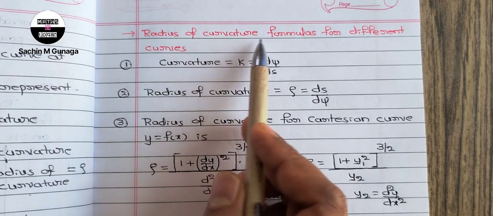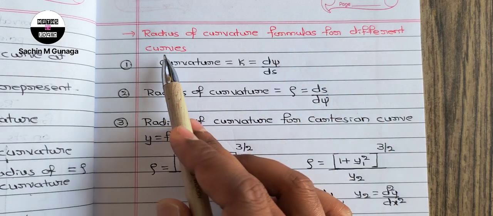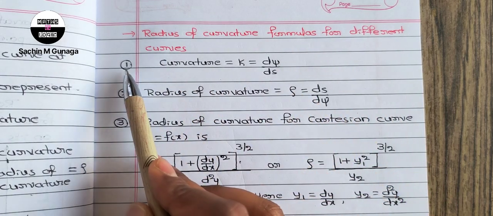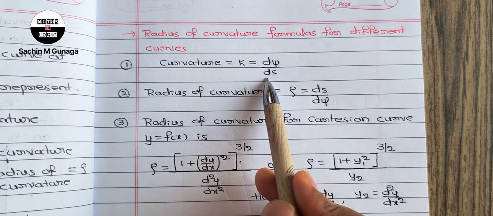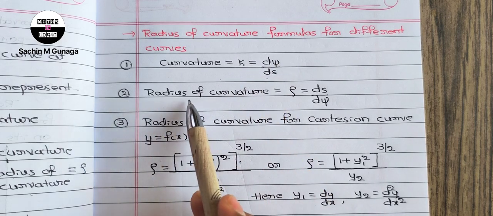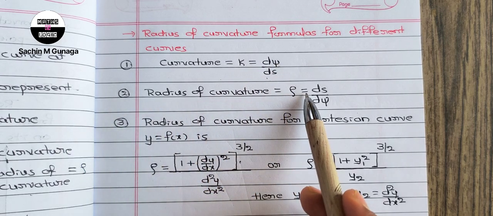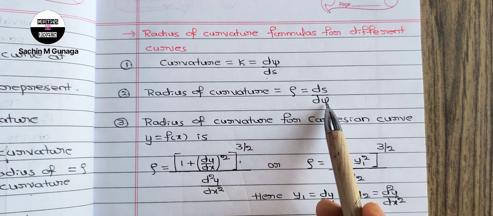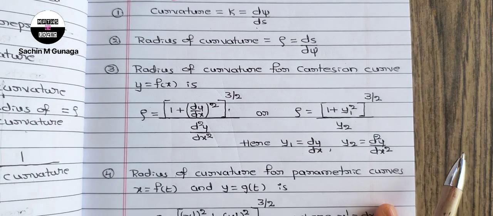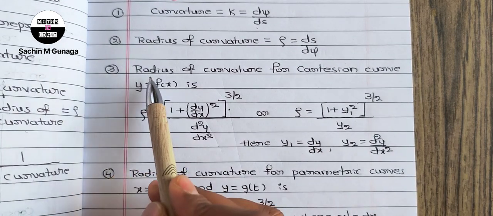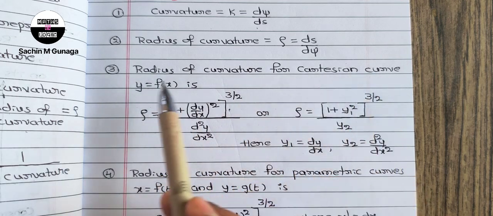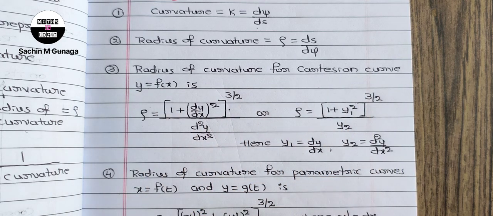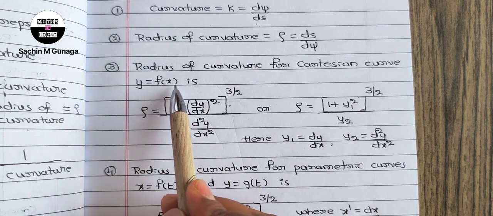Next, radius of curvature formula for different curves. So we know curvature k is d psi divided by ds. Second, radius of curvature rho is equal to ds divided by d psi. Third formula is radius of curvature for a Cartesian curve, y is equal to f of x.